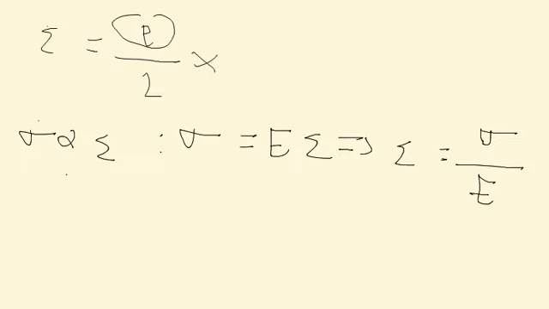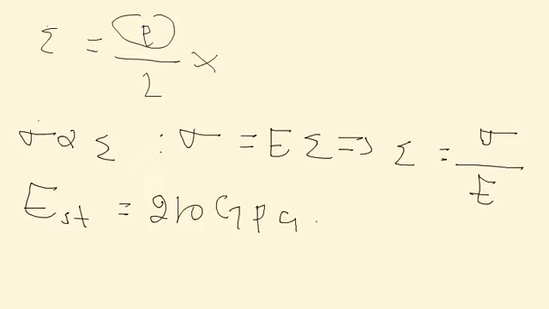As we know the material is steel, the information is enough for us to get its Young's modulus from the table. The Young's modulus of steel is equal to 210 gigapascals. This is a constant.